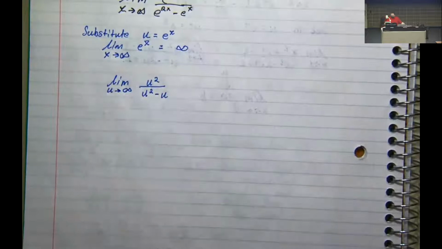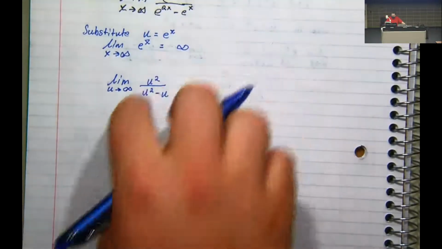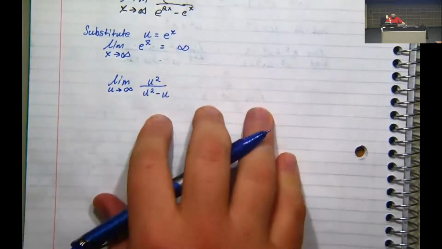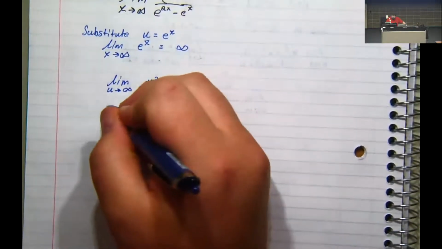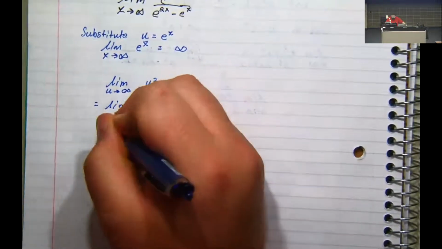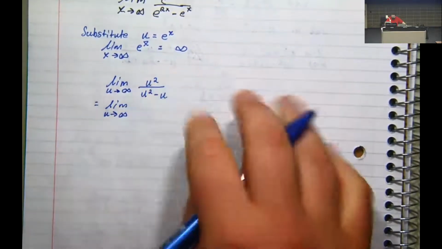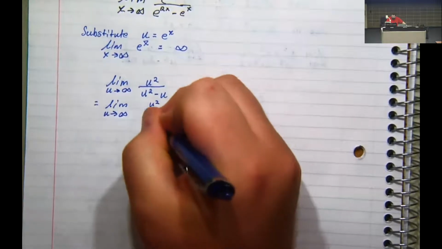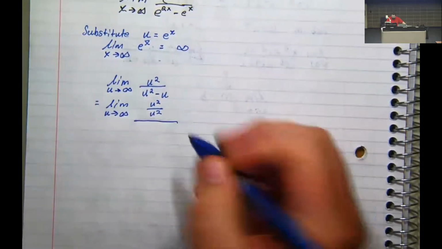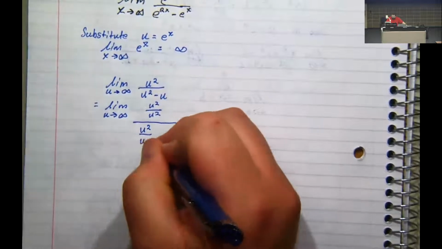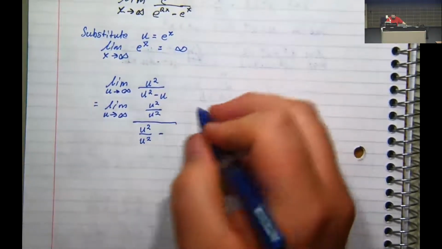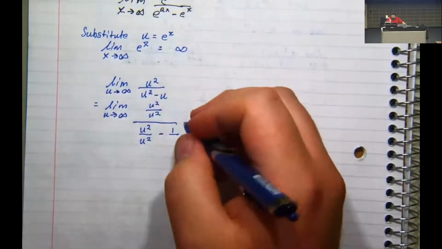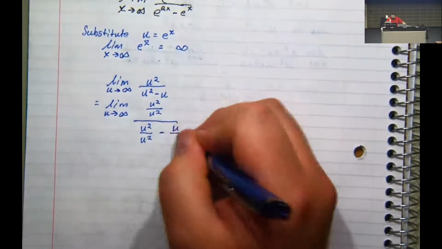Okay, and when we have something that's going to infinity, one of the things we can do is divide every term by u to the highest power. If we do that, this is equal to the limit as u goes to infinity of u squared over u squared, all over u squared over u squared minus u over u squared, which we get that.